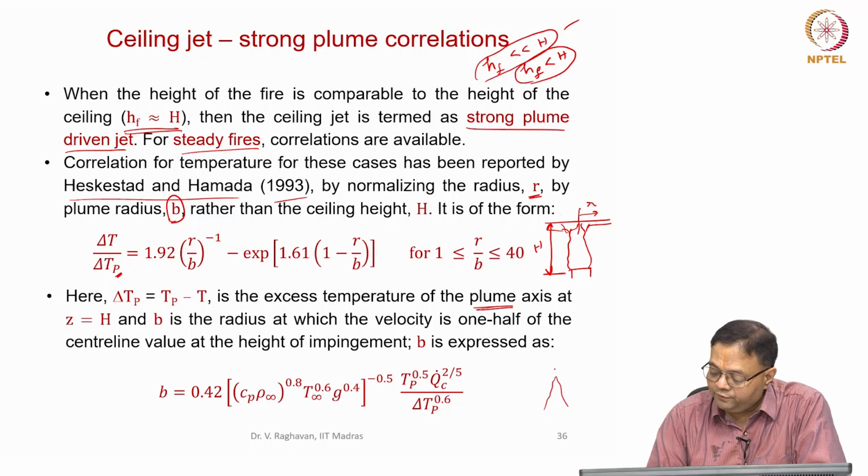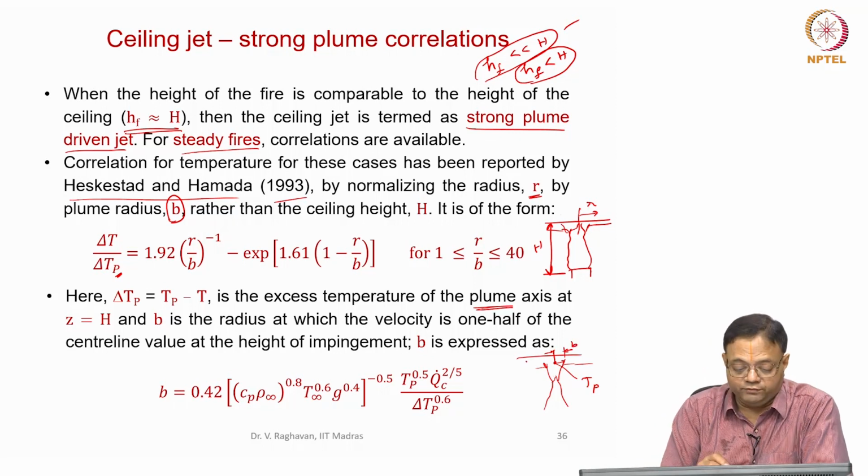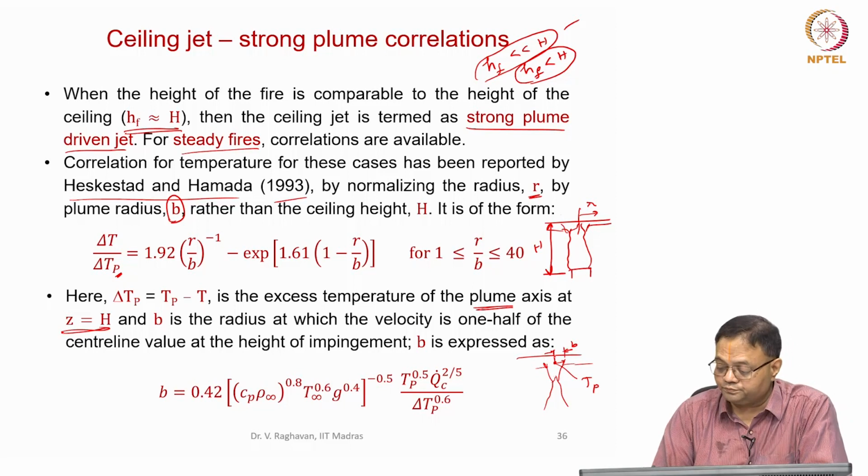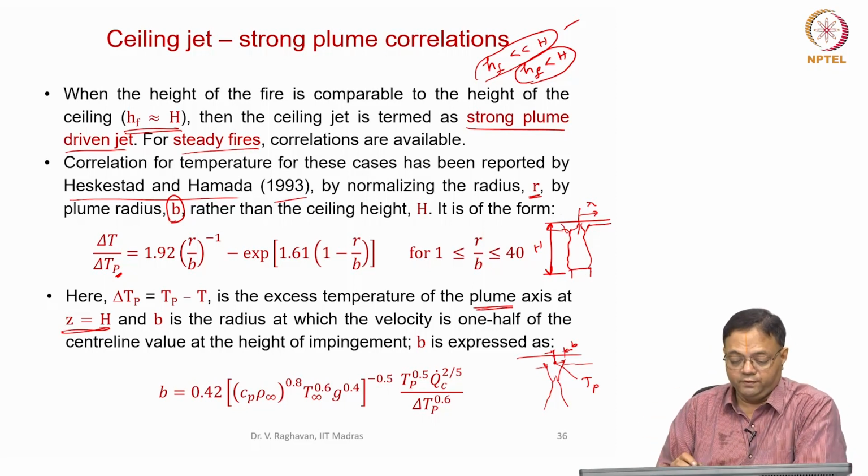Let us say the plume just forms and the ceiling comes. That means here HF is comparable to H. So this temperature is Tp, and this will be B, the plume radius. So Tp minus T is the excess temperature at the plume axis at the ceiling, when it impinges on the ceiling.